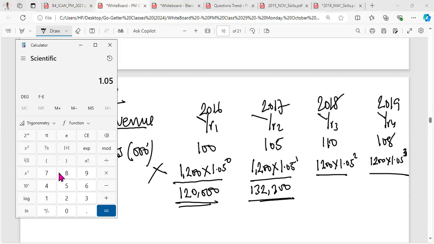1.05 raised to power 2. Okay, so that's what it gives us here. Now you multiply it by 1,200, then multiply it by 110. That gives you 145,530.